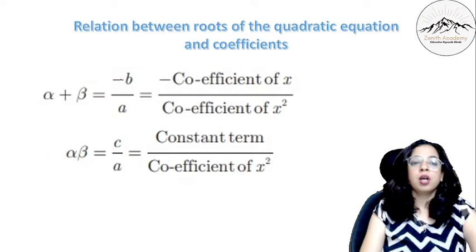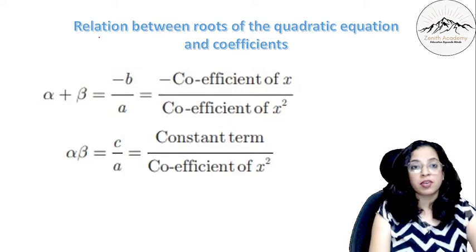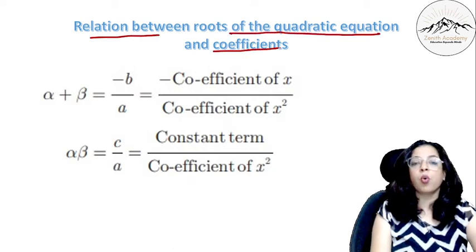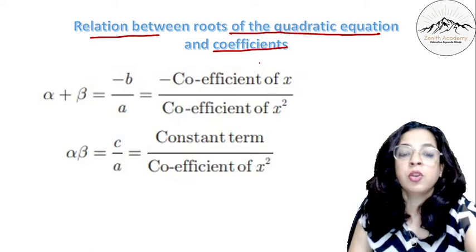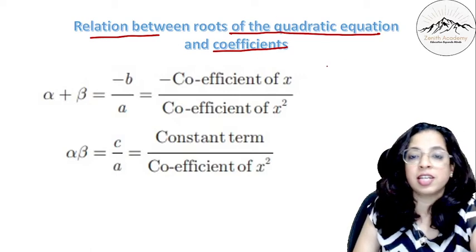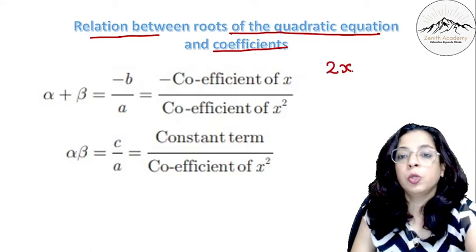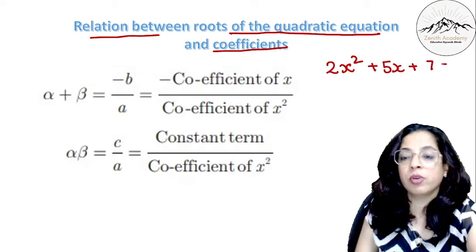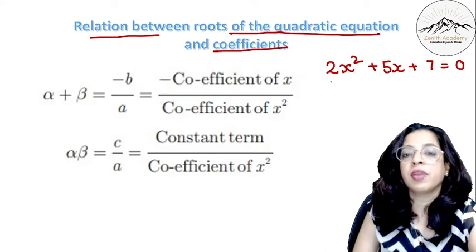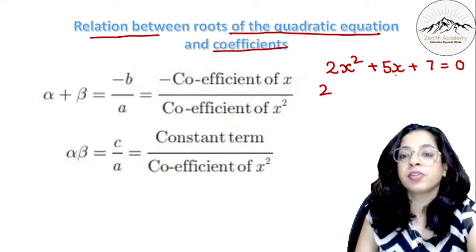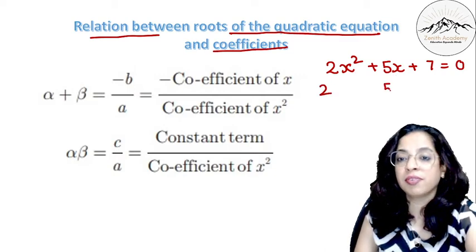Now we'll talk about a very important concept here, relation between the roots of the quadratic equation and the coefficients. Okay. Now you know what are coefficients. Let me explain you this once again. 2x square plus 5x plus 7 is equal to 0. So coefficient of x square is 2. Coefficient of x is 5.